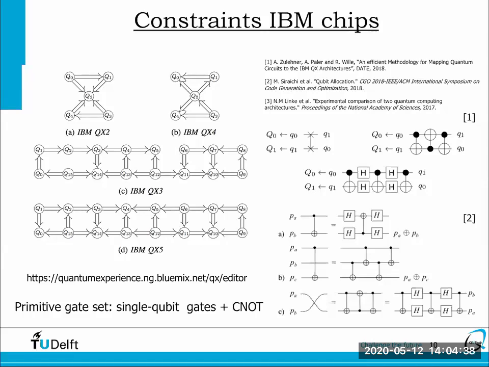So imagine that I want to do a CNOT between, let me see, this one, Q12 in IBM QX3, figure C, between Q12 and Q4. In order to do that, I can just perform these 4 CNOTs that are shown on the right.